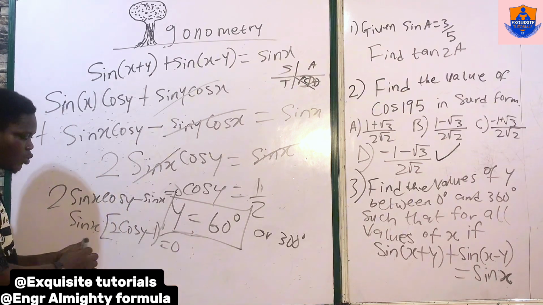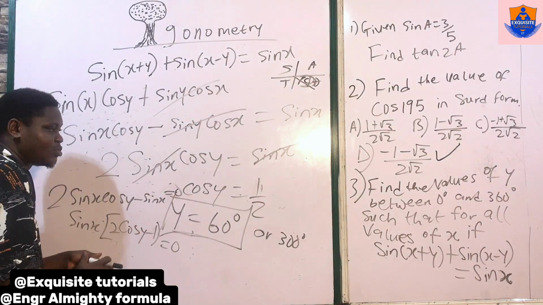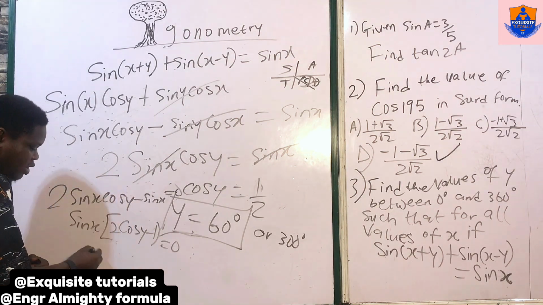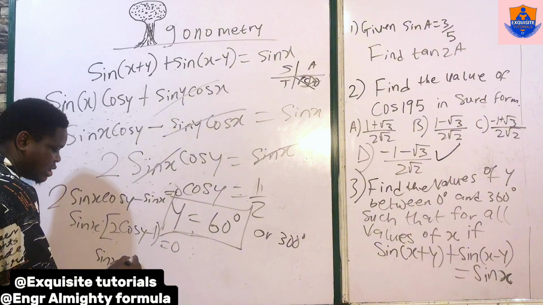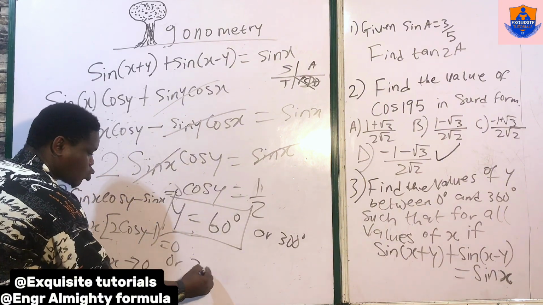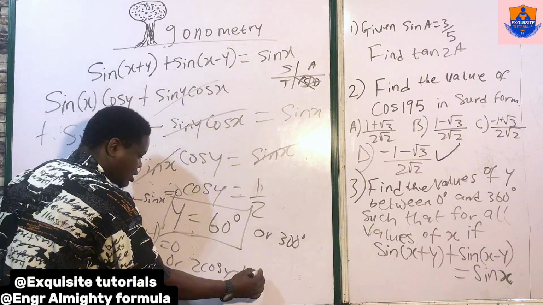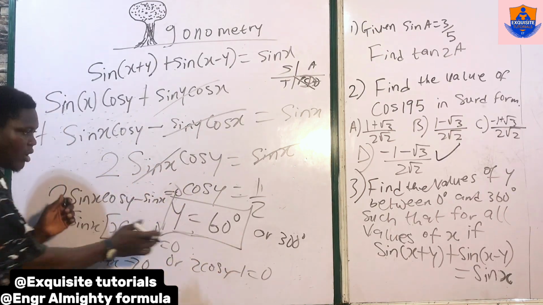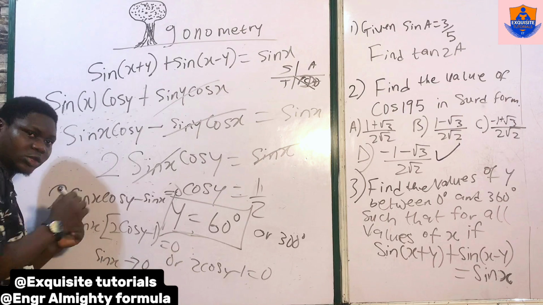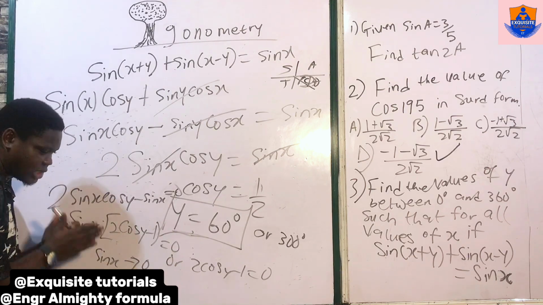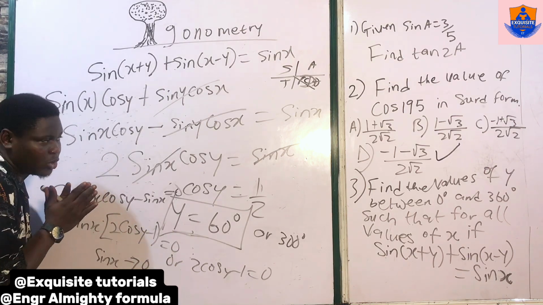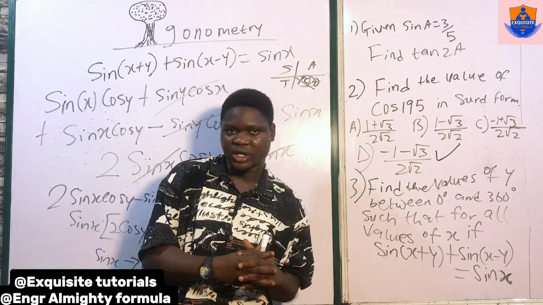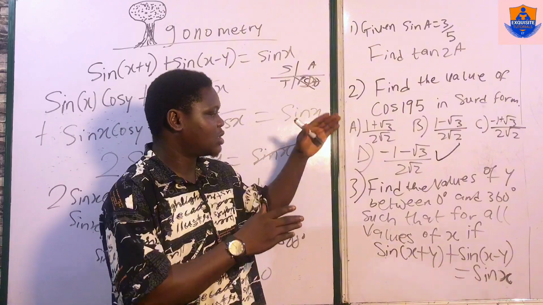Now, in mathematics, when two things multiply to give you 0, it means either one of them is 0 or both of them are 0. So it means that sine x is 0 or 2 cos y minus 1 is 0. Using this, we have gotten the answer 60 degree or 300 degree. Using this, x is equal to 0 degree or 180 degree. But we were not asked to look for the value of x. So that will be all for these 3 questions.